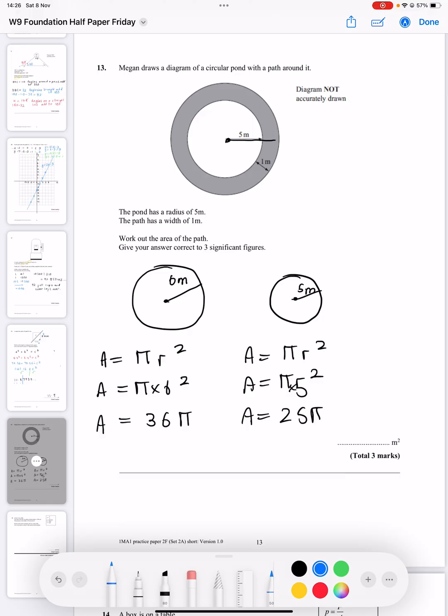I'm going to leave them in terms of pi, and I'm going to find the difference by subtracting. It gives me 11 pi, which is the area of the path, which I need to give to 3 significant figures. So the area is 34.5575. That continues. First, second, third significant figure. That tells me that I need to round 5 up because it's 5 or above, giving me an area of 34.6 metres squared.